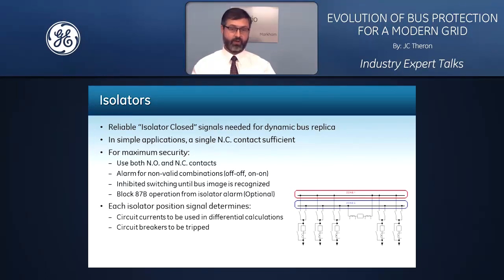And during these alarm conditions, have the ability to block the differential in those cases until the image is reliable. Now, why it is important that we know the position is for each current, because the current is used in the differential calculation, and the circuit breakers is also tripped based on this position. That's why the isolator position is so important.